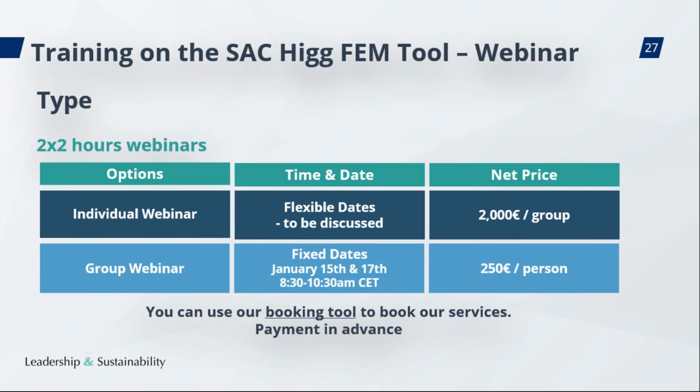If you're interested in joining this group webinar, please contact us or use the booking tool that we have. You will receive the link with this presentation in a few days. The price for that group webinar is 250 euro per person. In this webinar we couldn't go into too much detail, but in the face-to-face training and in those webinars, we will go much more into detail about how to deal with the FEM.